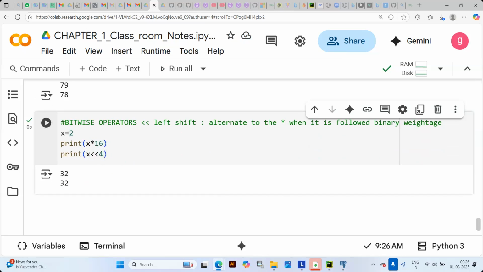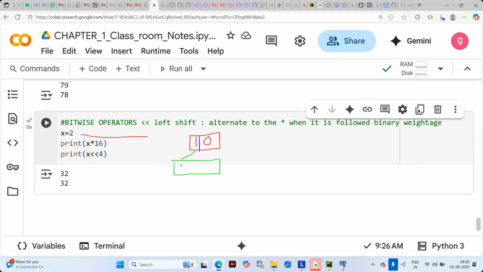Let's take one example. At the binary level, 2. What is the binary equivalent value? 1, 0. This is the binary equivalent value. Whenever you perform the left shift one time, the value will be shifted.